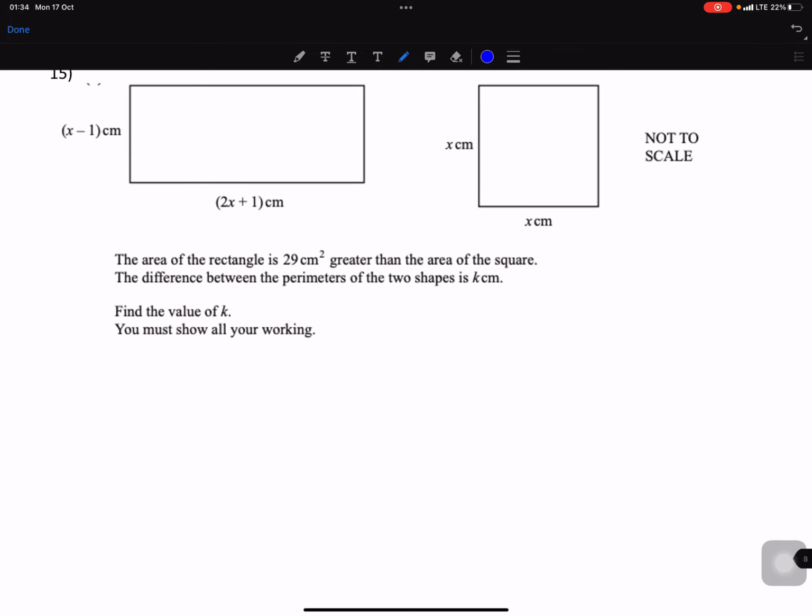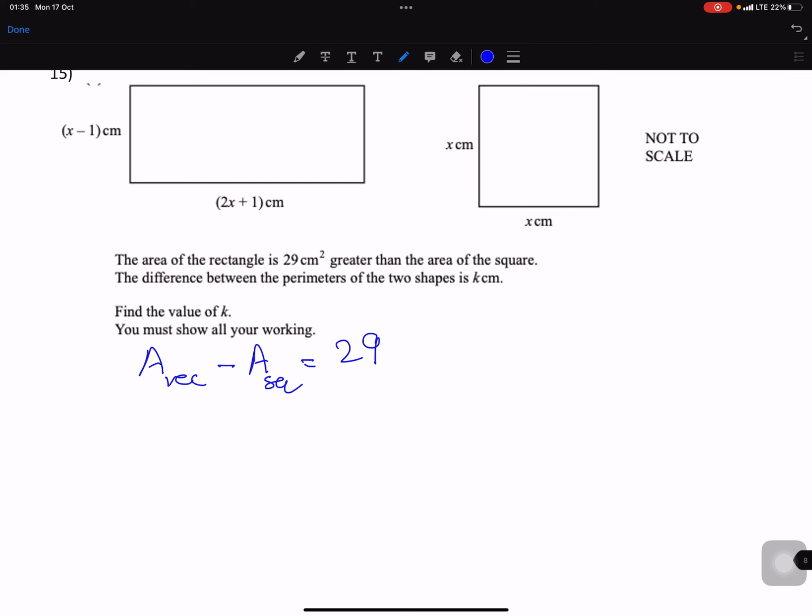Last question is the question of the rectangle and the square. It says the rectangle is 29 centimeters squared greater than the square, that's the area. So area of rectangle minus area of square would give me 29. And this is how you start with it.